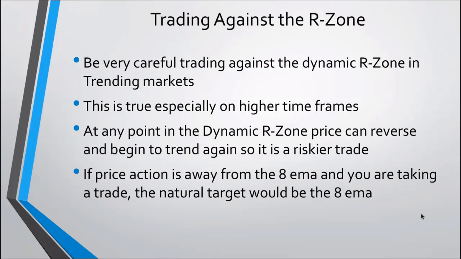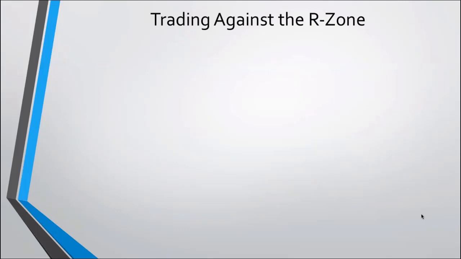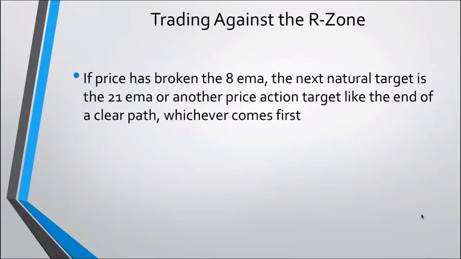If price action is away from the 8 EMA and you are taking a trade, the natural target would then be the 8 EMA. If price has broken the 8 EMA, the next natural target is the 21 EMA or another price action target, like the end of a clear path, whichever comes first. You just don't want to ignore the 21 EMA.